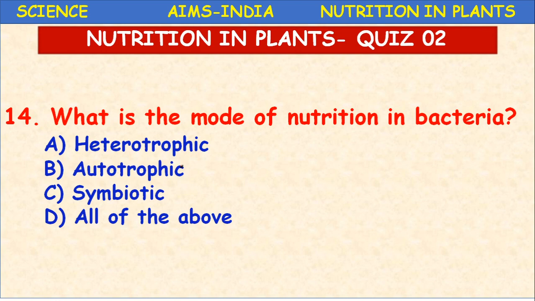Bacteria are present everywhere. Bacteria live in a variety of habitats. Okay, children. Some bacteria live at very high temperatures. Some bacteria live at very low temperatures. Cryophilic bacteria, thermophilic bacteria. Okay, acidophilic bacteria, in acids also they survive. So, what is the mode of nutrition in bacteria?